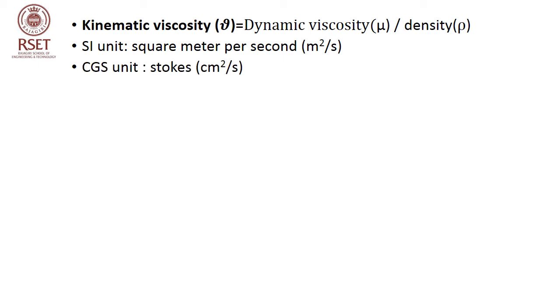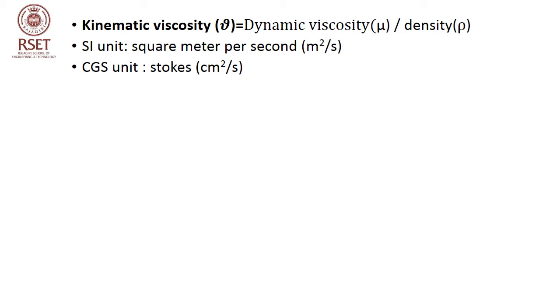Okay, next we will be understanding an important constant called kinematic viscosity, which is the ratio between dynamic viscosity and density of the fluid. The SI unit of this one is meter square per second, and the CGS unit is centimeter square per second.